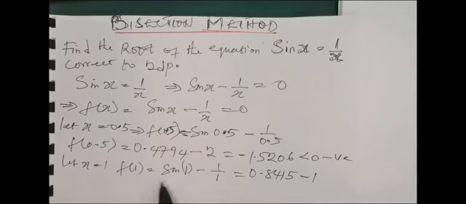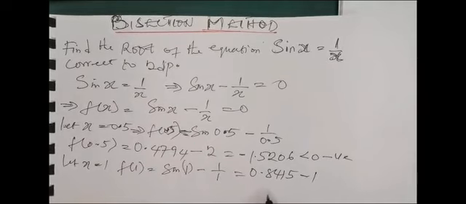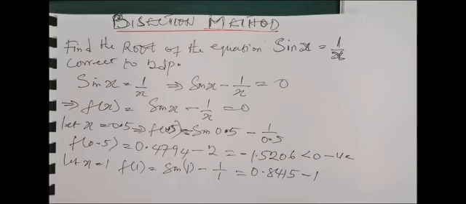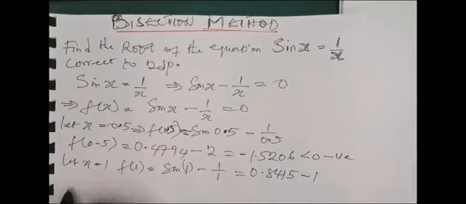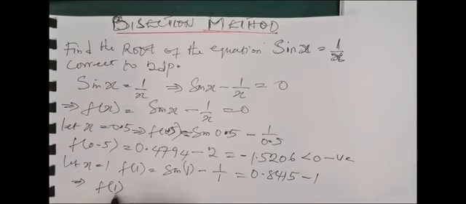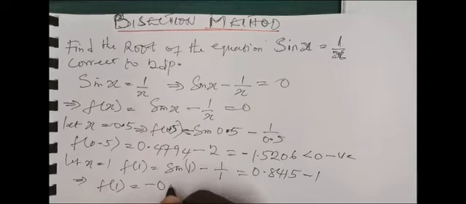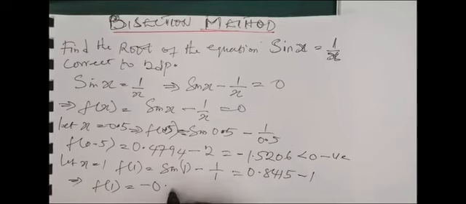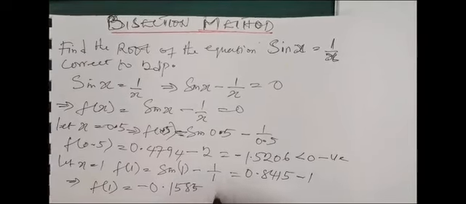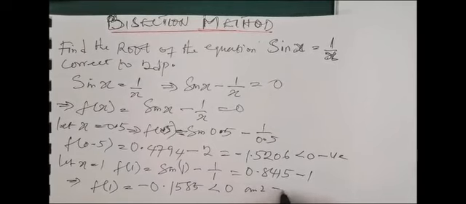That's the only way you can have the accurate value of sin 1 in radians. So once again, f of 1 simply becomes 0.8415 minus 1, which gives us negative 0.1585. Again, this is less than 0 and it is negative.